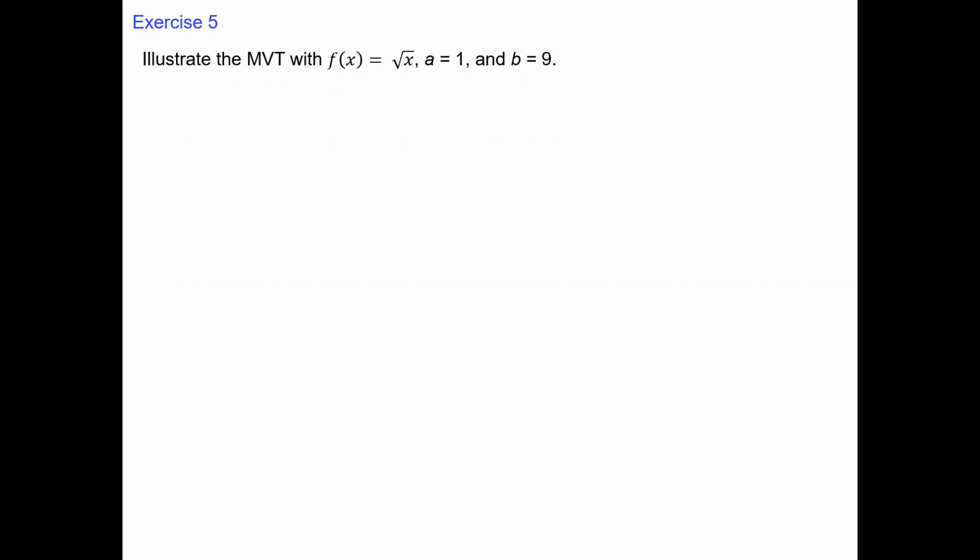Let's find, graphically and maybe explicitly, the point c where f of 9 minus f of 1 over 9 minus 1 is the same, meaning the slope of the secant line is the same as the slope of the tangent.